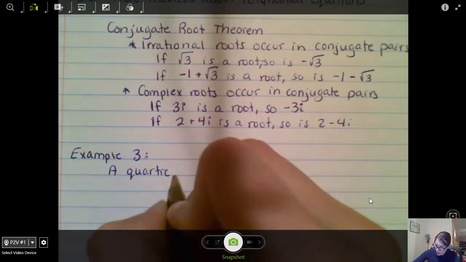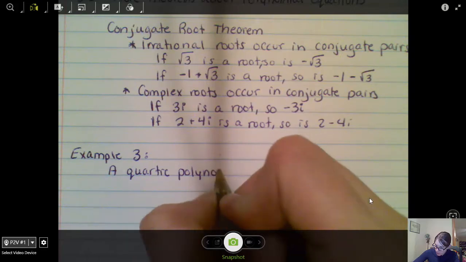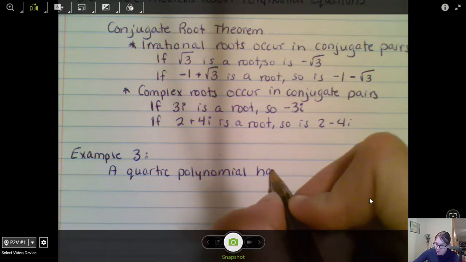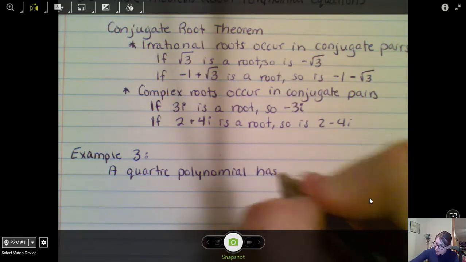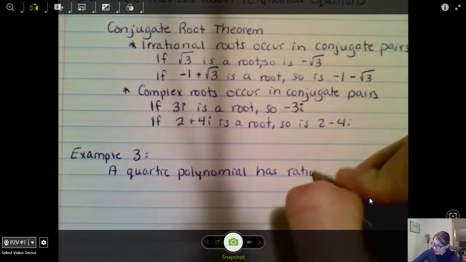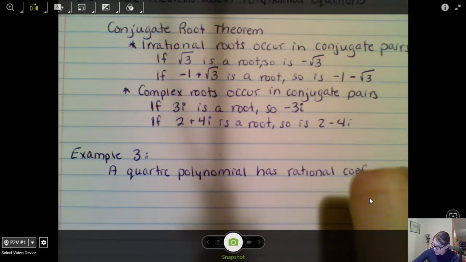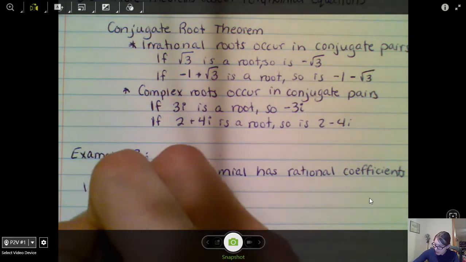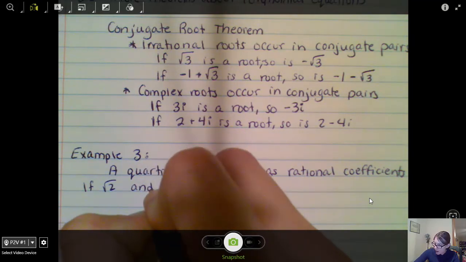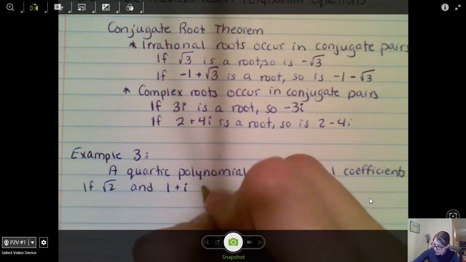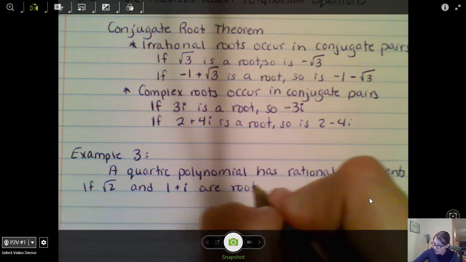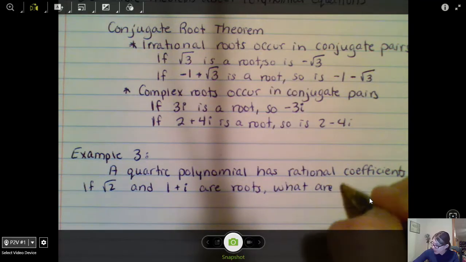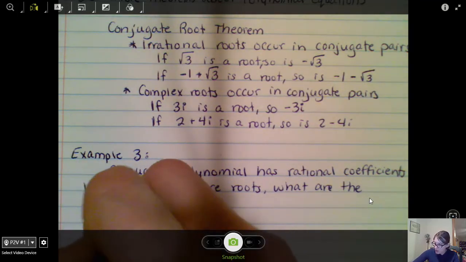A quartic polynomial has rational coefficients. If the square root of 2 and 1 plus i are roots, what are the other roots?